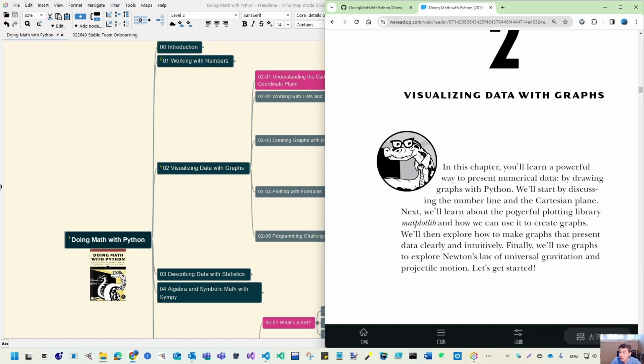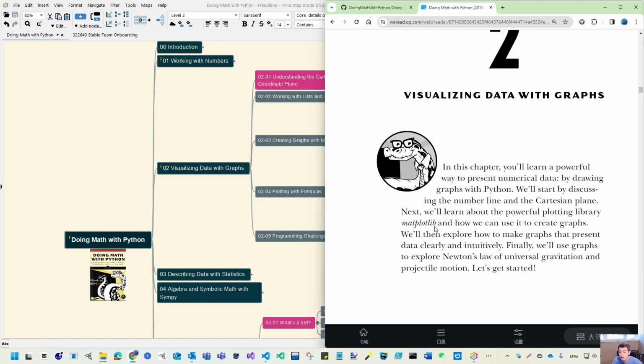And then we will learn about matplotlib, the library for mathematical plotting, which helps you plot graphs or charts.